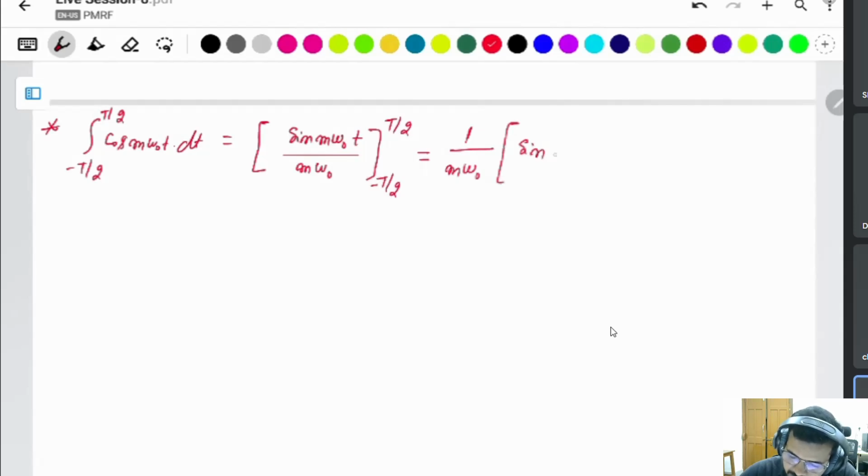This will be sine of m omega naught T by 2 in place of t, minus the lower limit.